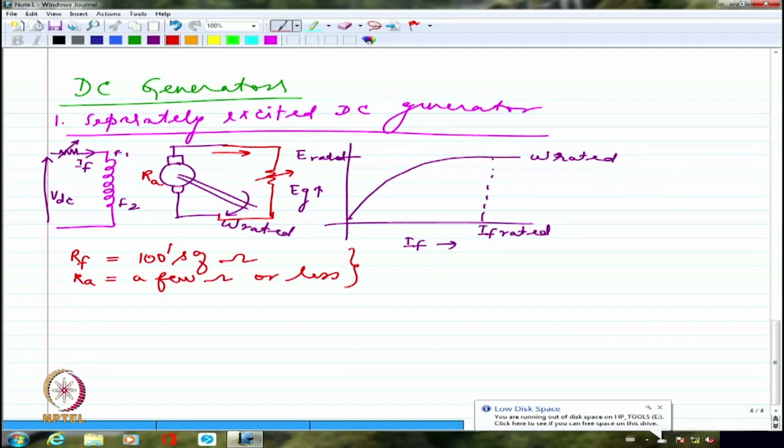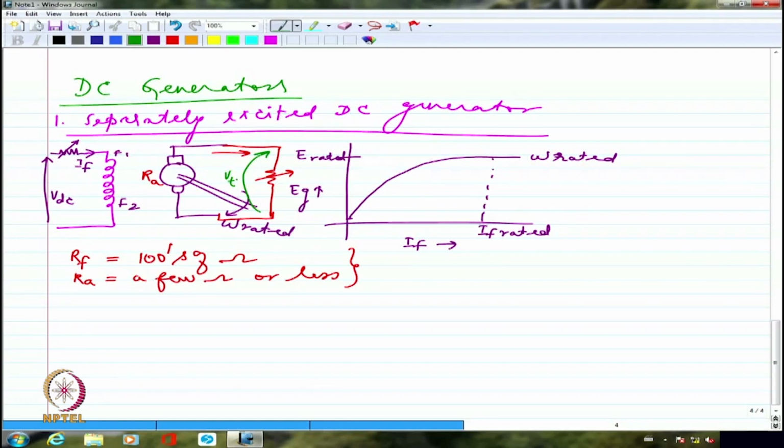If IA is, let's say, 10 amperes, and let's say I'm going to have my armature resistance as 0.5 ohm, then 10 multiplied by 0.5, I will still have 5 volts drop. So from 220, I will have a drop of 5 volts. So the terminal voltage, if I try to measure now, this may be only 215 volts. So this I would call as VT or VL, the terminal voltage VT.